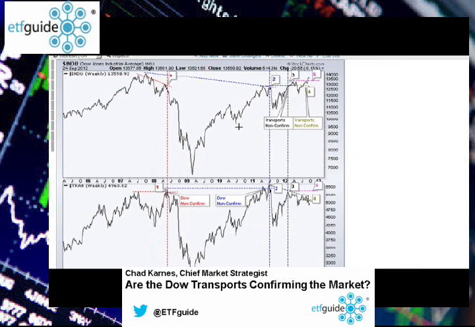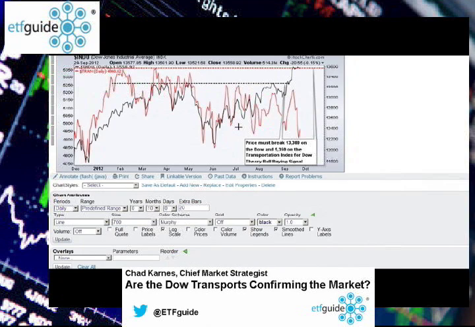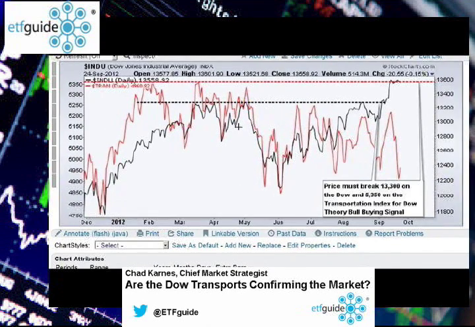So let me show you one more chart which gets us updated to where we are today. The black horizontal line is what the Dow had to do to make a new high and thus justifying a bullish breakout in the Dow Jones Industrial Average. The red horizontal line at the very top at 5350 on the transports is where the transports needed to break out to have a Dow theory buy signal.